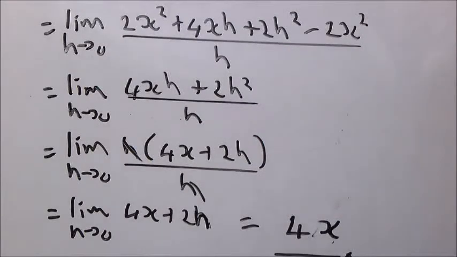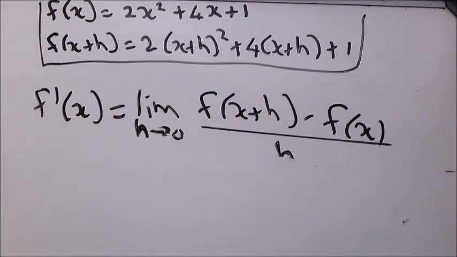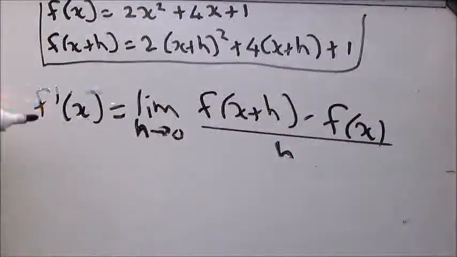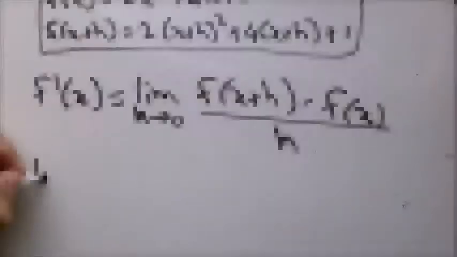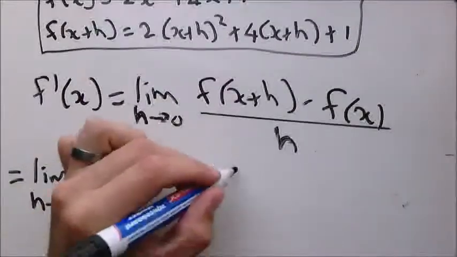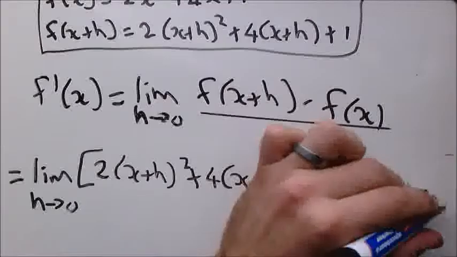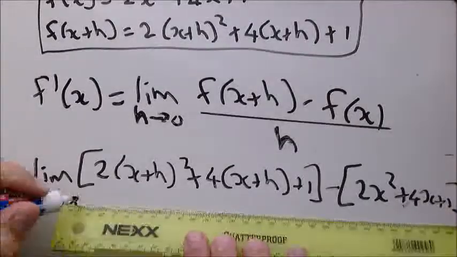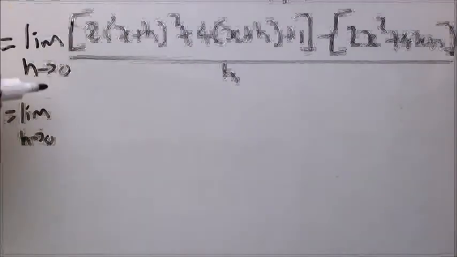Now we move on to a more complex one, which looks like this. f(x) is 2x squared + 4x + 1. That then means f(x + h) is as I've expressed there. So let's substitute. The limit as h approaches 0 of 2(x + h) squared + 4(x + h) + 1 minus (2x squared + 4x + 1).